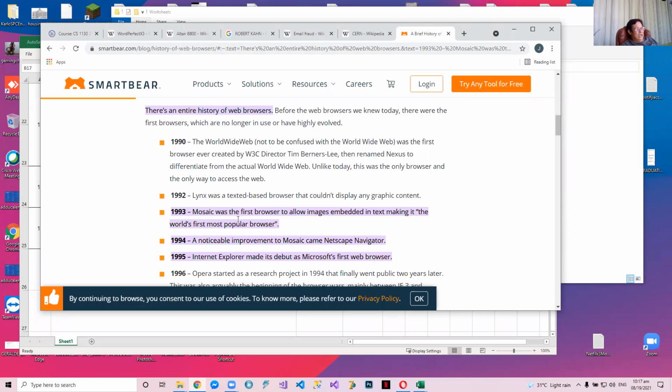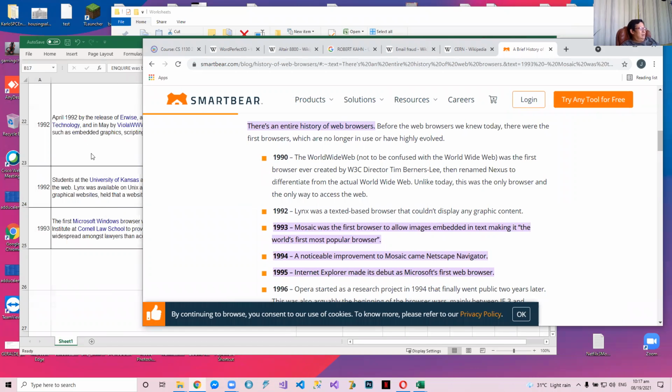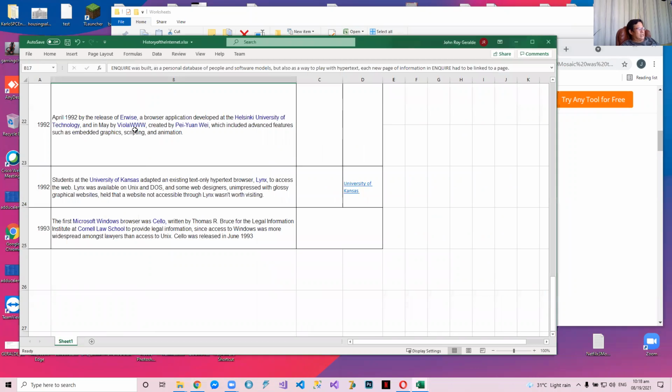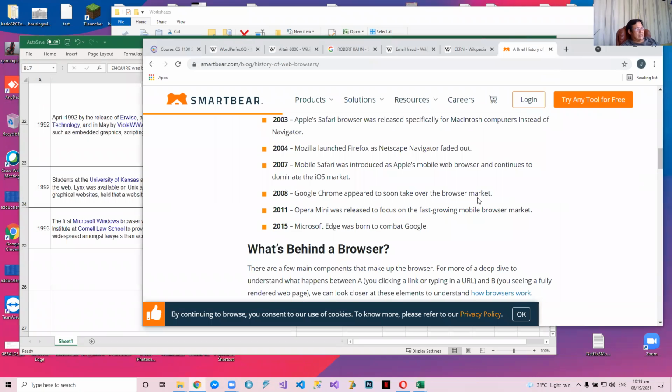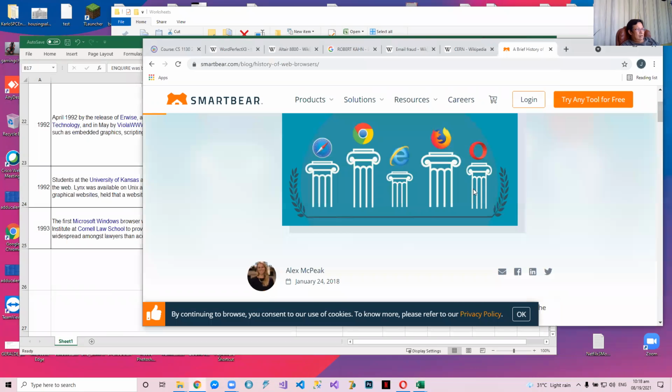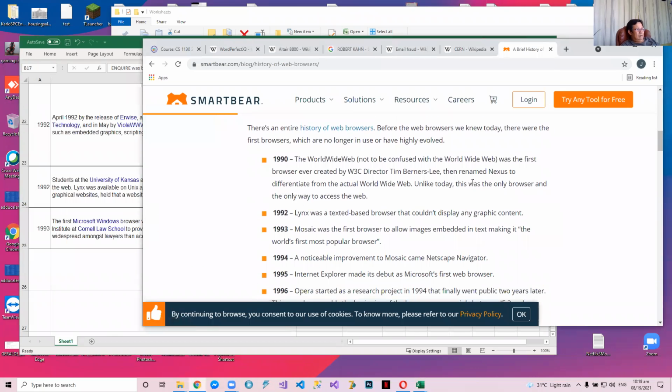Mosaic was the first browser to allow images on the PC. Okay, but the first, because Airwise was not intended for the PC. Airwise was 1992. And 1993 is Mosaic.